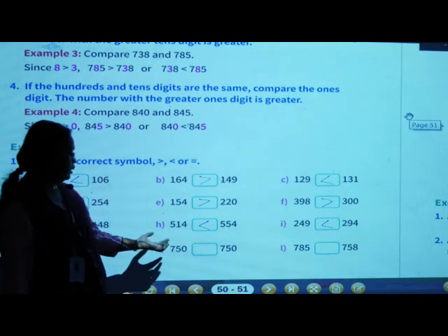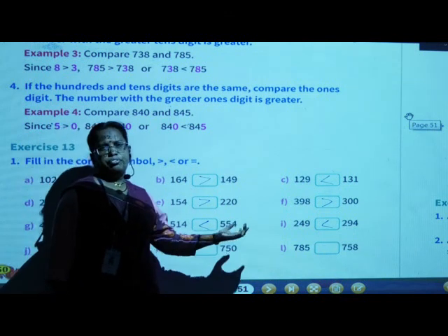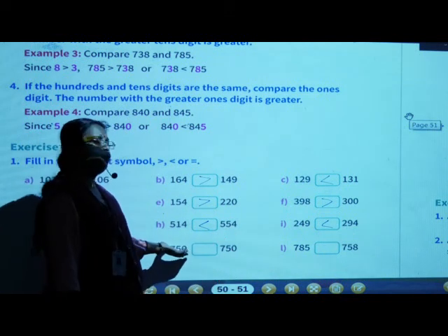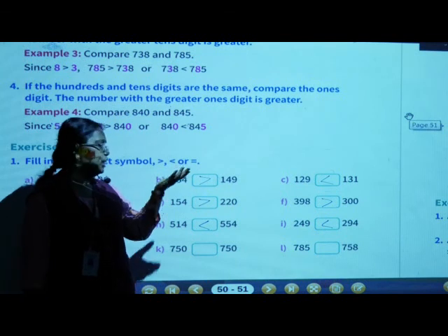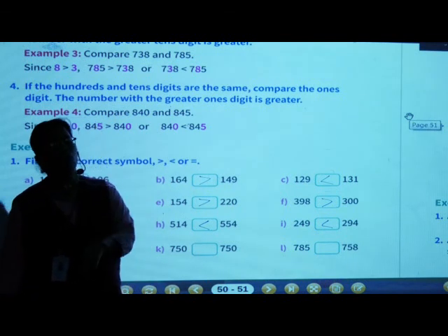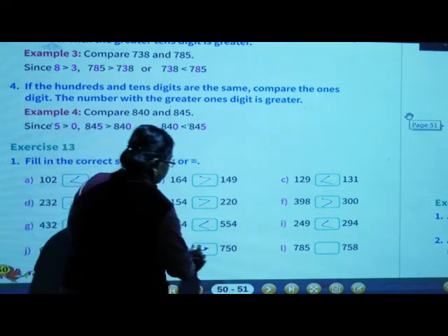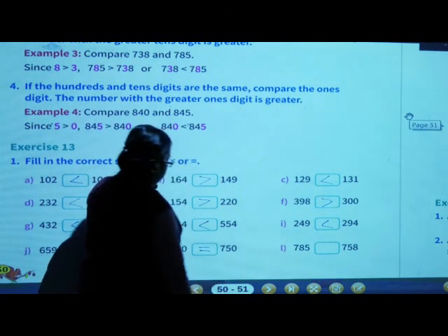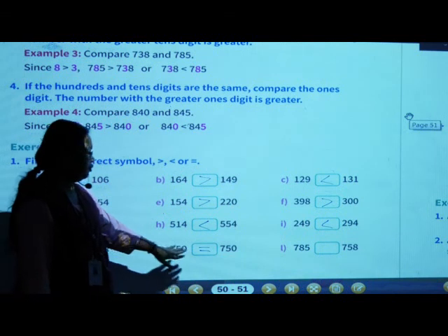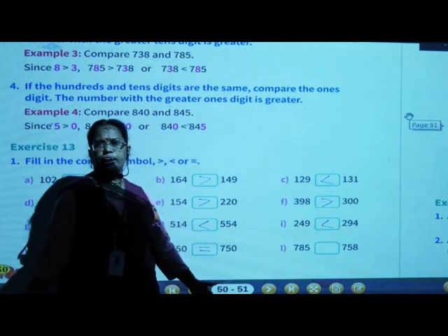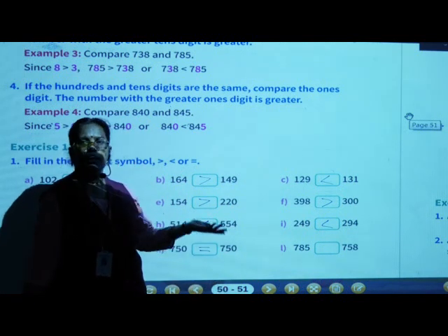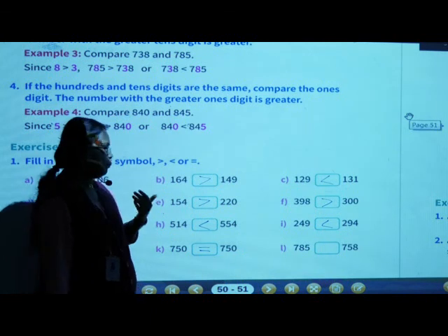Now here, 750 and 750. How will you do this? There is no greater, there is no smaller. So these both are what? Equal. Okay, 750 is equal to 750. There is no greater number, no lesser number.